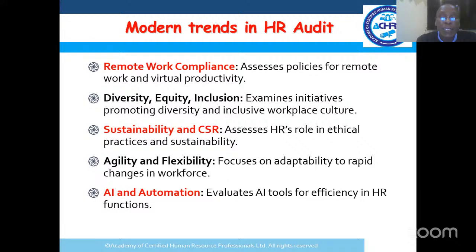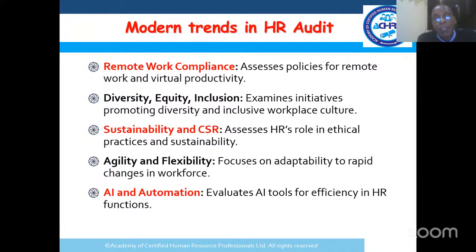ATS is a system of recruitment where we are tracking applications. So it's an application tracking system which monitors the way people applied, how many have applied, how many went to the next stage. So this application tracking system is a way in which we can be flexible in recruitment and selection.